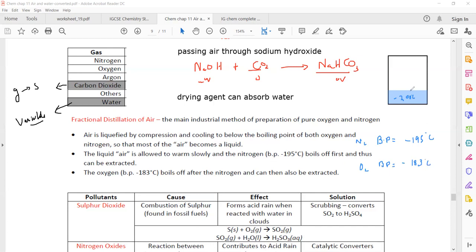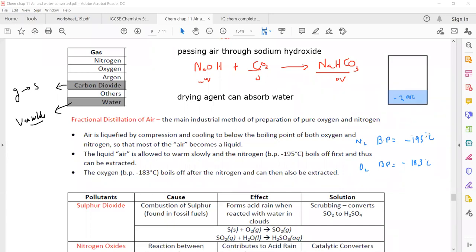So when we allow it to warm, we are not supplying heat energy, minus 200 is a very low temperature. So if we allow it to warm, which gas will vaporize first, convert into gas? Which element, nitrogen or oxygen, vaporizes or converts into the gaseous state first?